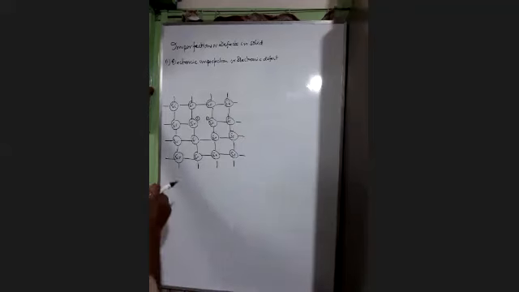So what will happen? See, this is orbital. So this electron from here, it can go here. This electron from here has gone here. What has happened now? This place has become empty or not?